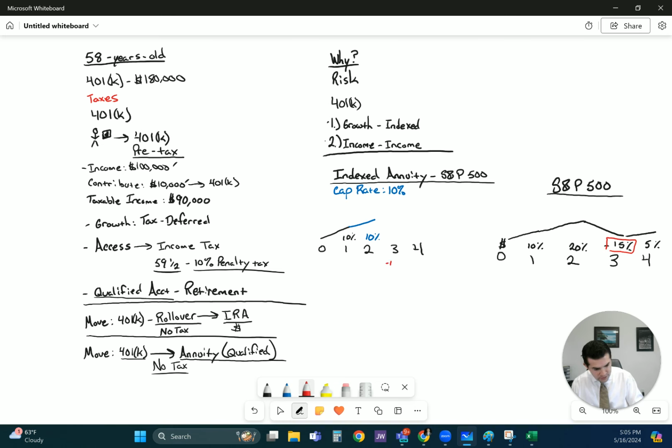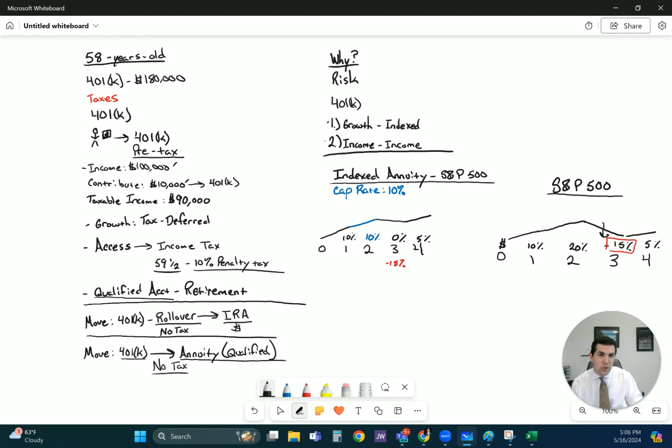So the market loses 15%. You see a 0% return. So for the guy that had the money in the market, they lost money. You did not lose anything. Your principal is protected. Then if the market goes up 5% again next year, you go up with it.